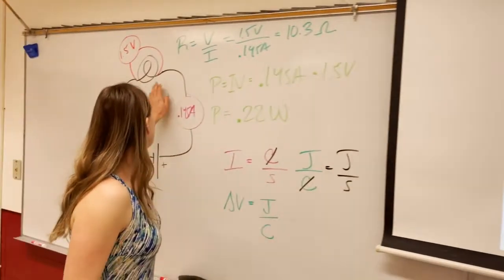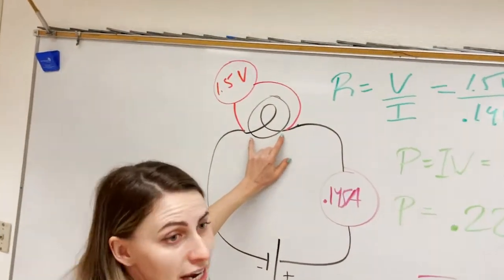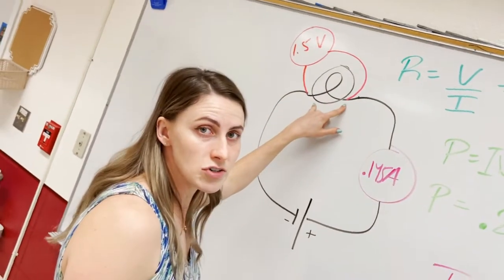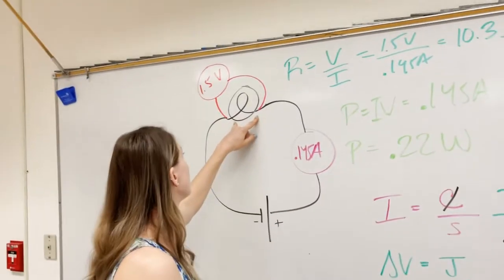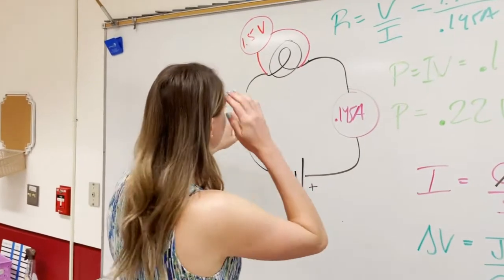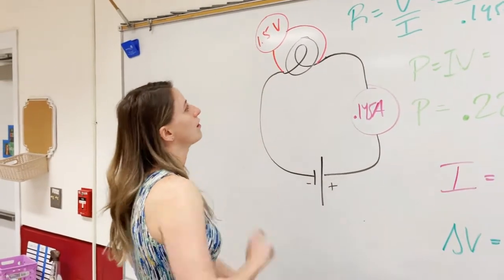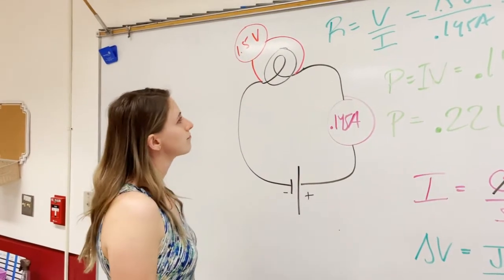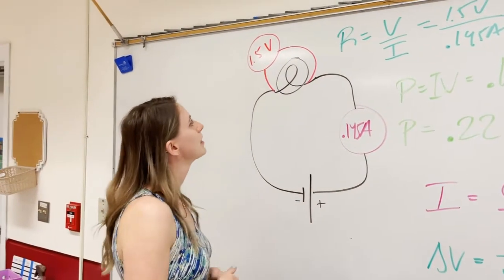We know that there's a change here. The bulb is going to be decreasing the energy. The energy of the charge flowing through it is going to go down. Because of conservation of energy, energy can be neither created nor destroyed, only change from one form to another. So we get heat and light.